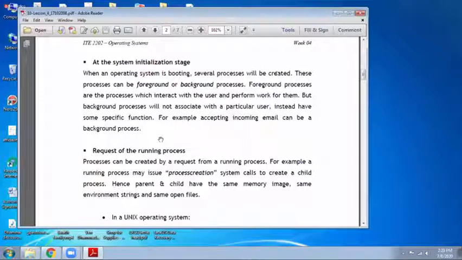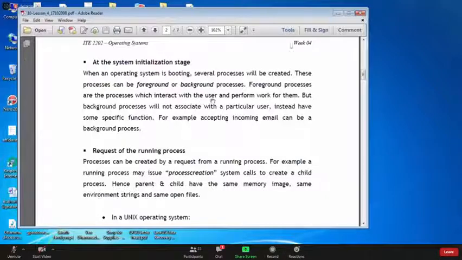So that is the system initialization stage. When an operating system is booting, several processes will be created. These processes can be foreground or background processes. Foreground means we can see them on the screen. Sometimes background processes we can't directly see. Foreground processes are the processes which interact with the user. To interact with the user, it should appear somewhere on the screen and perform work for them.